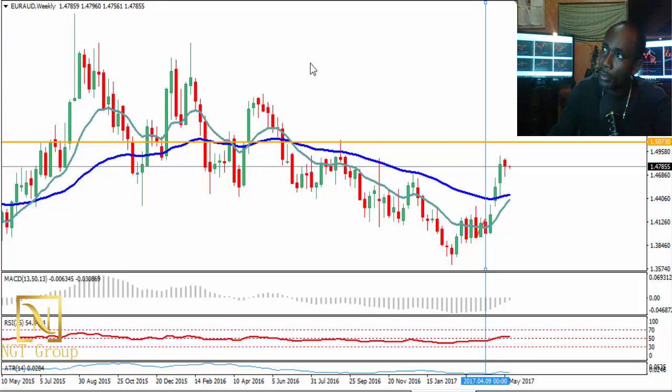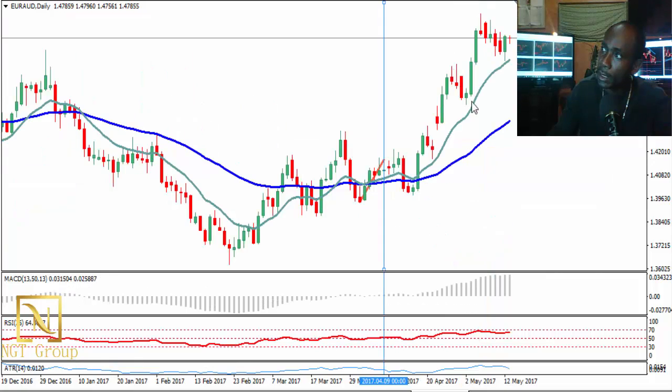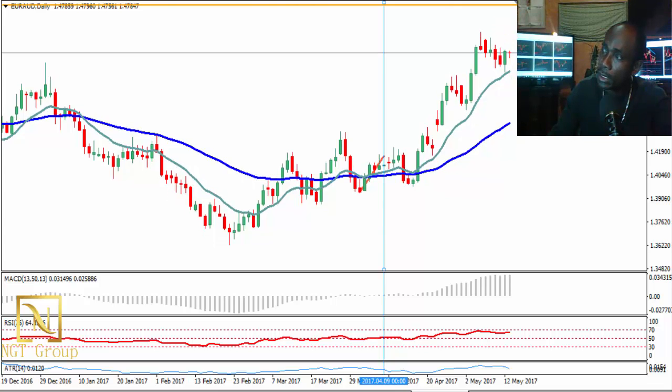Now, what we are going to do is take it down to the daily and take a look. So now we see that we have a daily bar that closed bullish. What I'm seeing here that's set up appears to be a flag pattern.